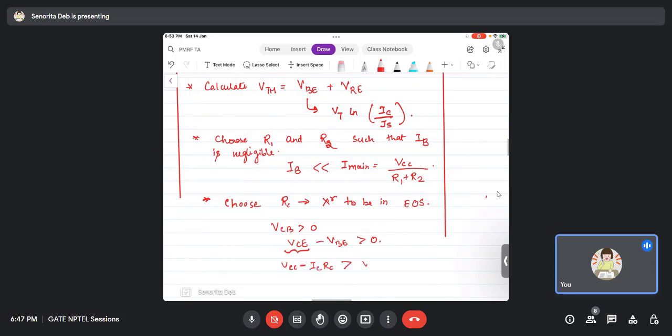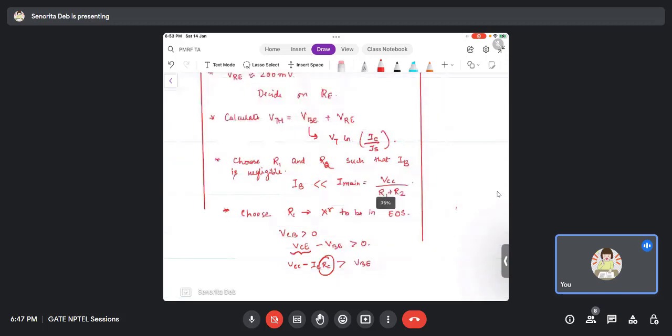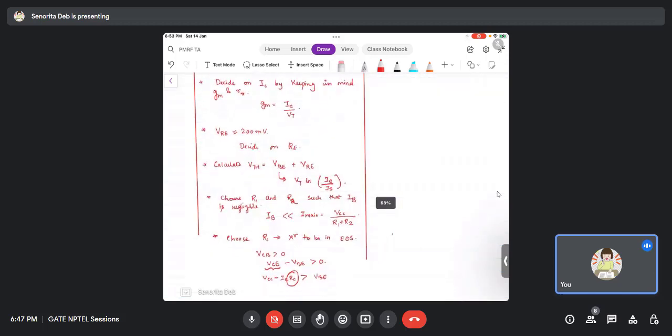So this has to be greater than VB, and the other values you know, so from here you find RC. That RC you find from here will be the edge RC. We will see the condition in the example. This will give you the maximum tolerable RC. Anything less than that RC will make sure that your device is in the active region. So this is the procedure we normally follow if you have to design the circuit.